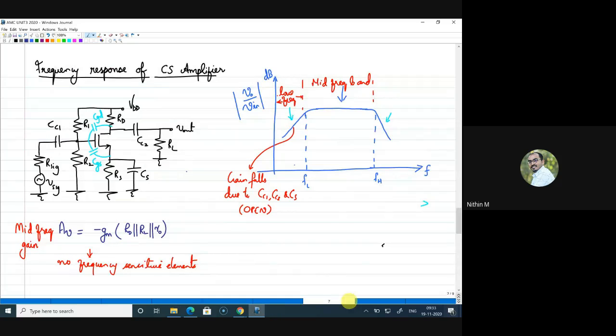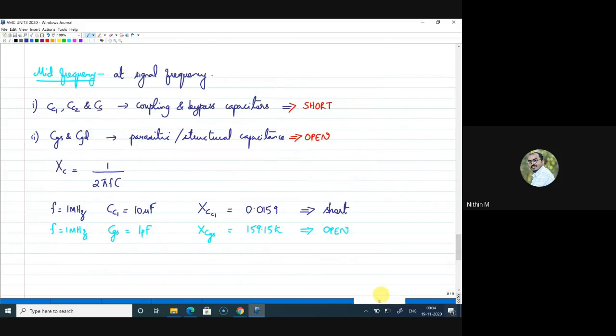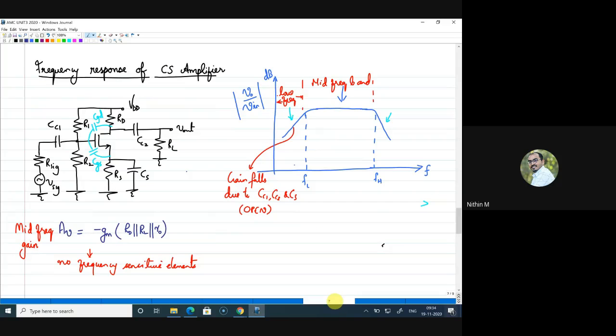That is why we did not consider parasitic capacitance in a regular analysis. If you remember, the structural capacitances are acting as open here also. At low frequency, the structural capacitors are acting as open. That means at low frequency or mid frequency, we never consider CGS and CGD, and that is not going to bring any effect on your frequency response at the lower side. All right, I hope you are with me.